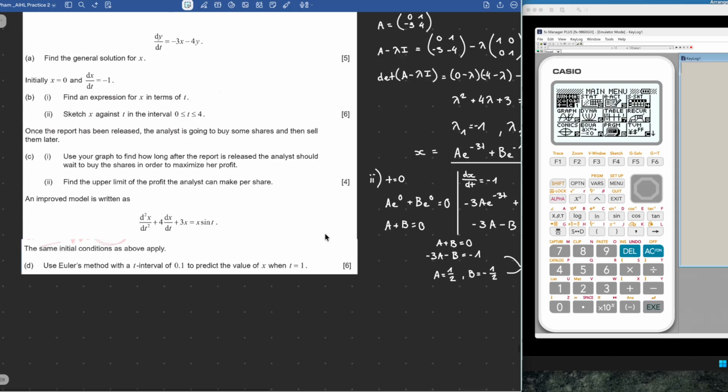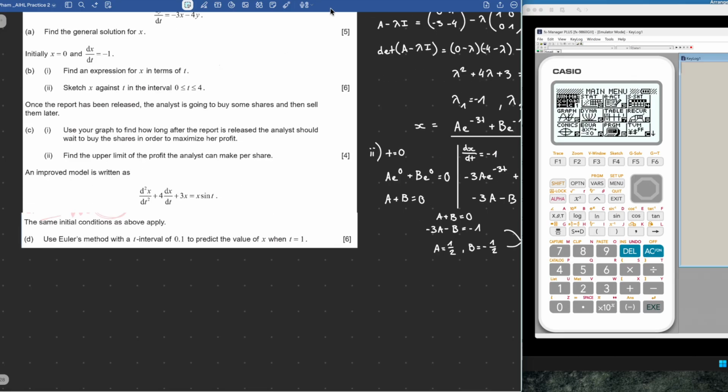To solve this question, we need to write the equation from the differential equation. Firstly, we denote dx over dt as a variable y, and we call this the first function, so that we can compare with the formula sheet and substitute the values into the provided formula.